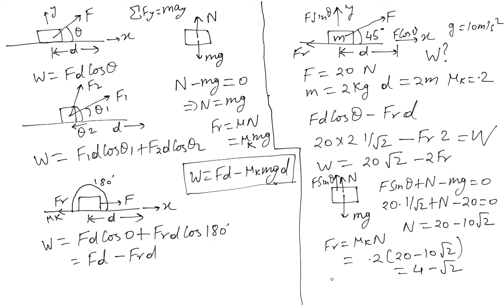And if you put in the values, we get work equals 20 root 2 minus 2 times 4 minus root 2, right? And that gives us 18 root 2 minus 8. You can see how this algebra works out.